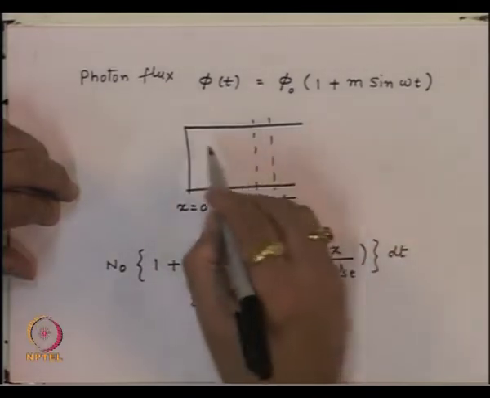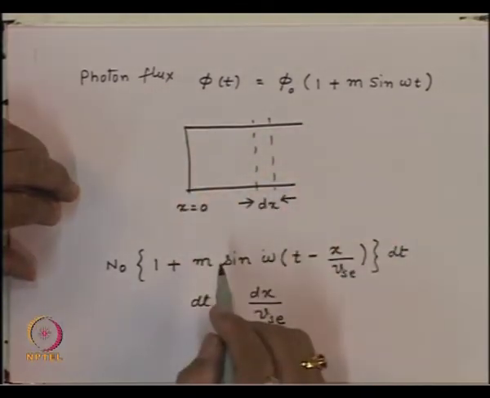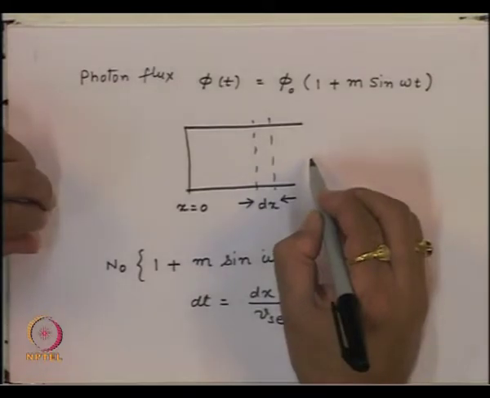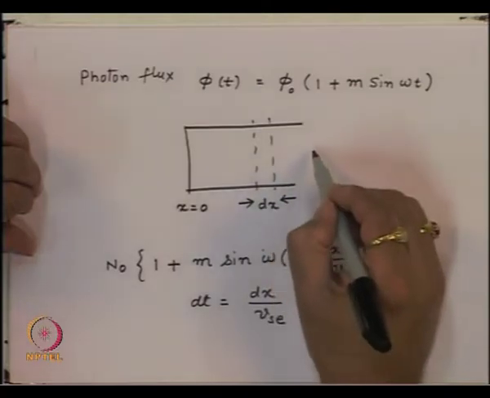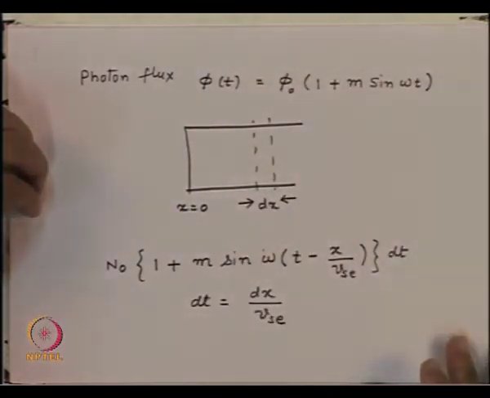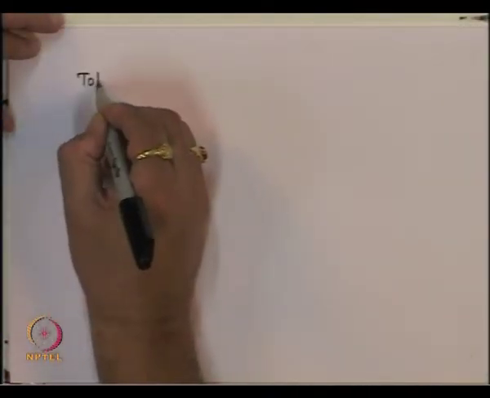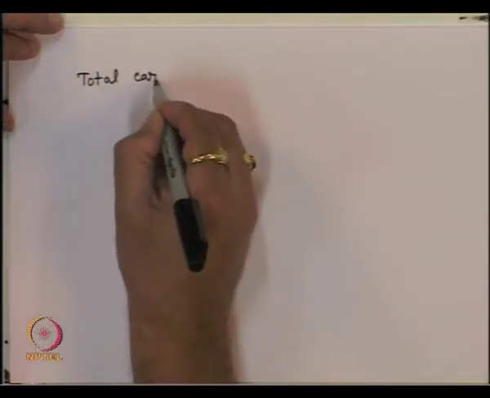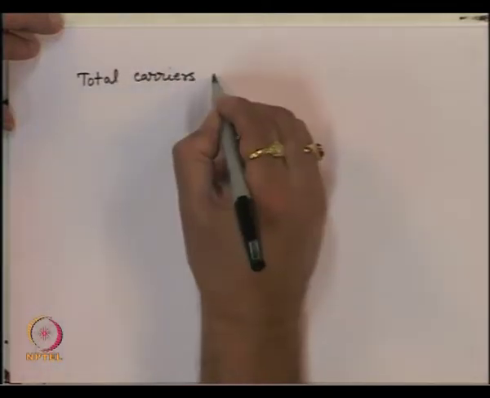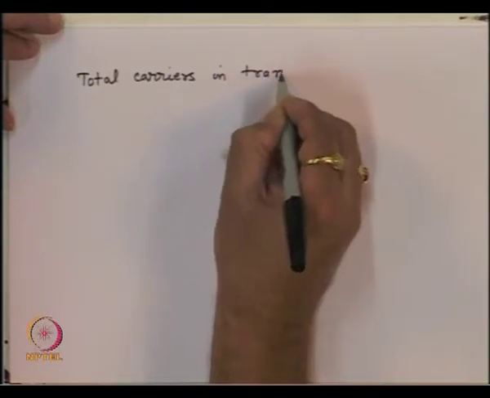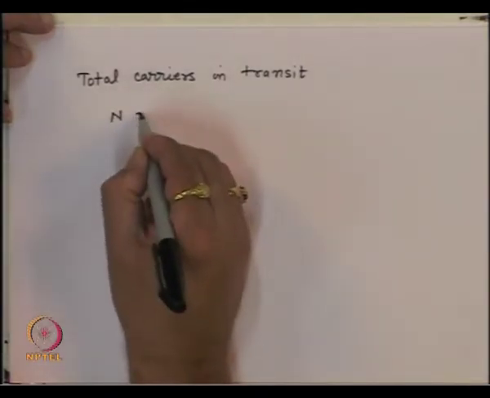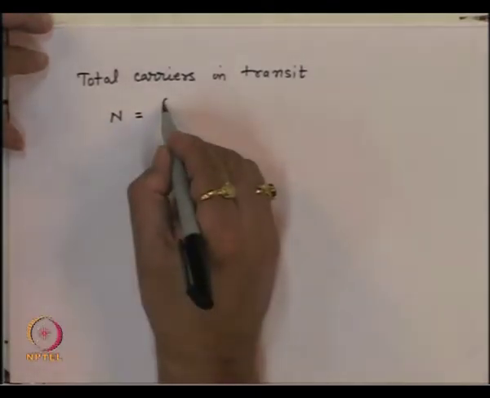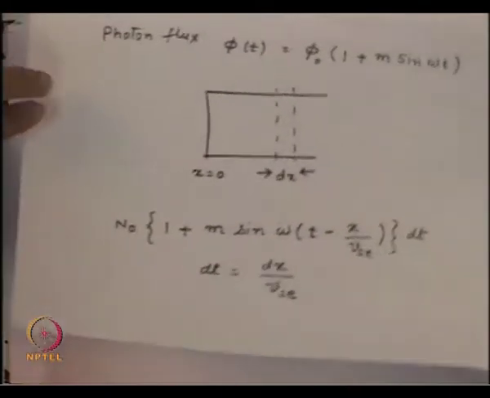So now we can ask, what are the total carriers which are in transit? That means at any instant of time, how many carriers are in transit? Because they are the ones which are going to tell me the total current flowing into the external circuitry. So the total carriers which are in transit are nothing but this n integrated over the total length of this layer.